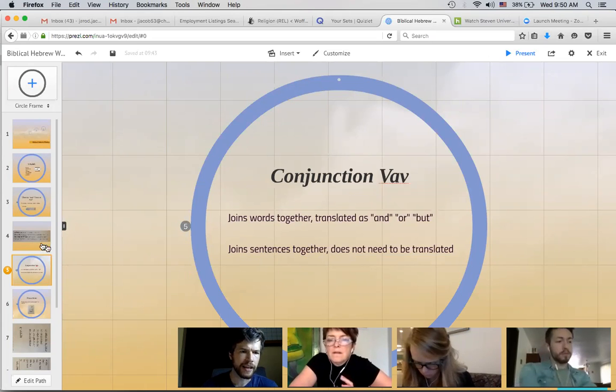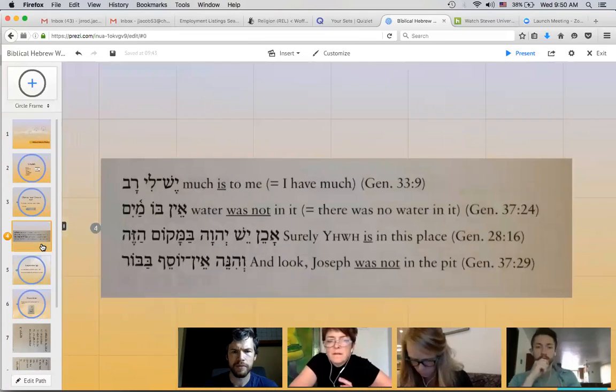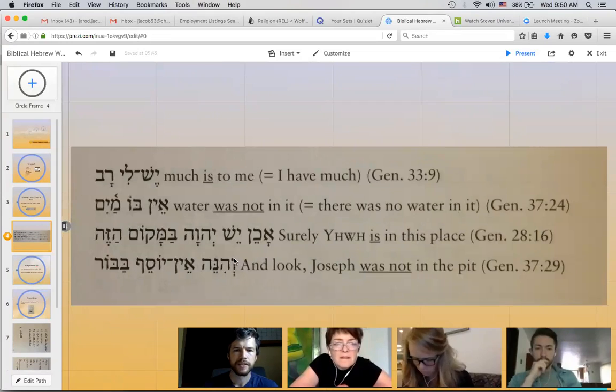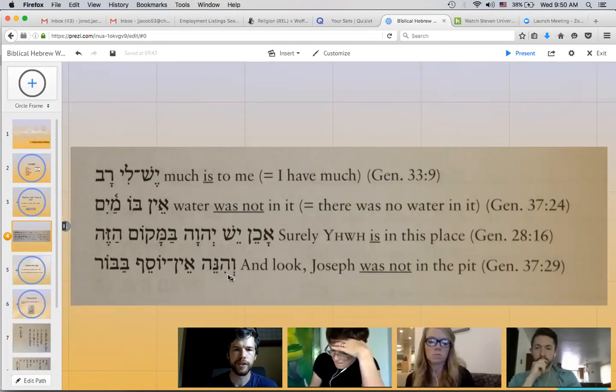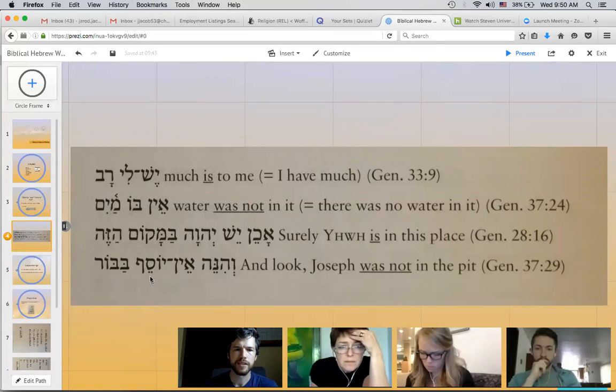So we can look at an example of a vav right here. We see it right there, the vav and then the shva underneath it. And it's just pronounced v at the very beginning. So v, hine, and look. Ein Yosef baBor. There was not, so Joseph is the subject of this.